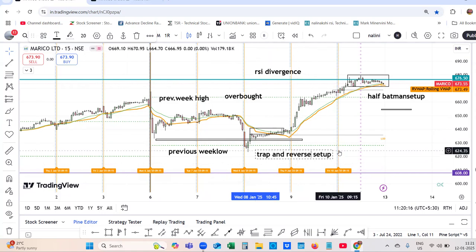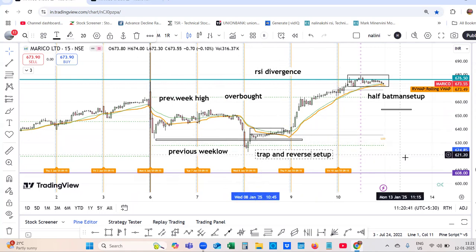Trap and reverse setup. For this setup, what happened? Monday, Tuesday, Wednesday was the day it went beyond the weekly low and it was a trap. All the sellers were trapped and they were forced to cover their position.